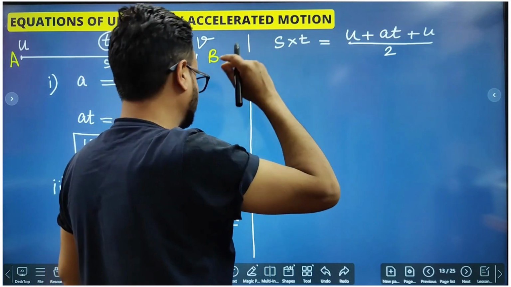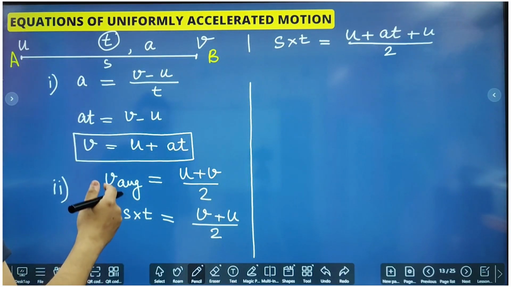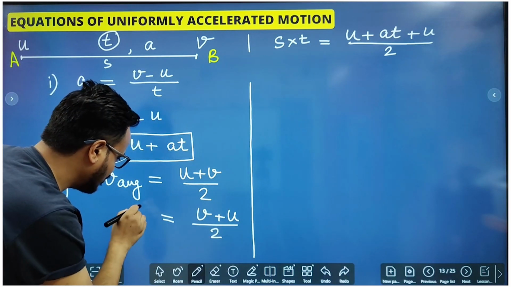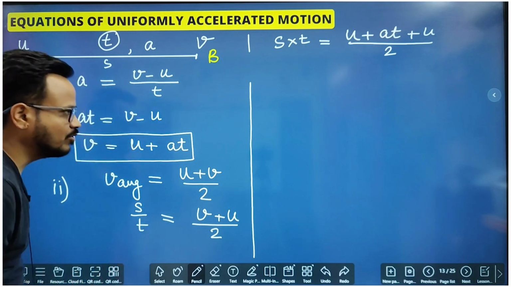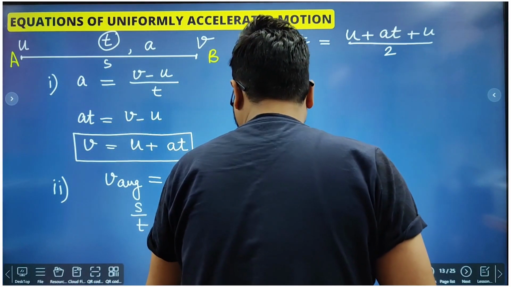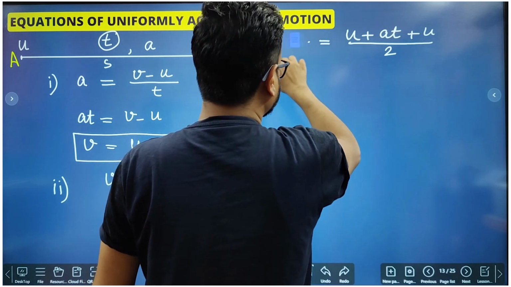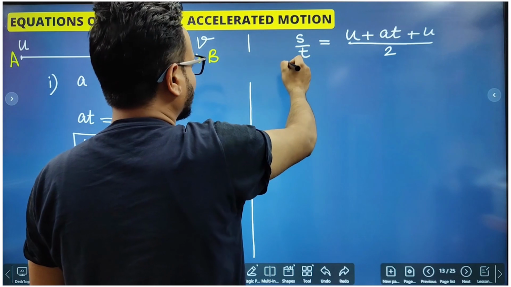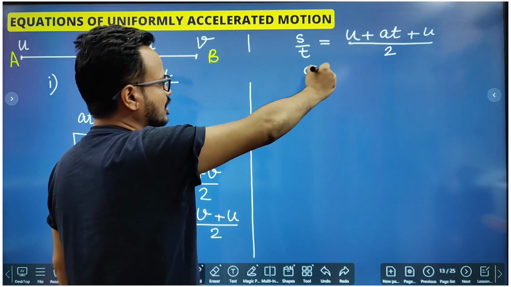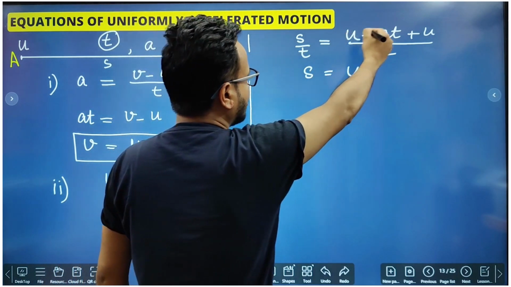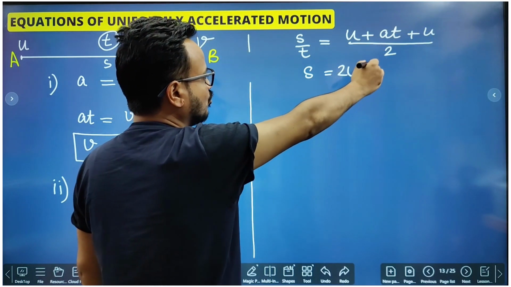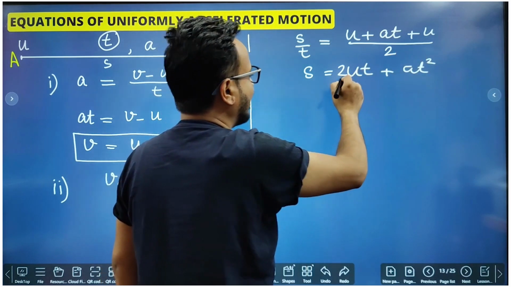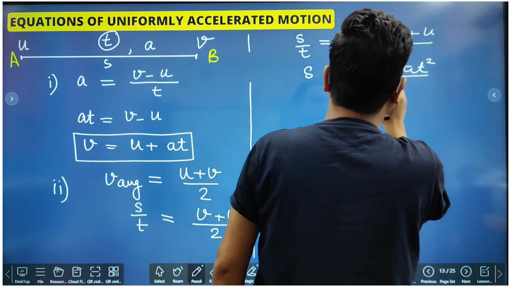Okay, so not s into t, it is s by t. Velocity is distance, displacement over time, so it is s by t. Now multiply this by t, so you will get u plus u, which is 2u, so 2ut plus at square, divided by this 2.